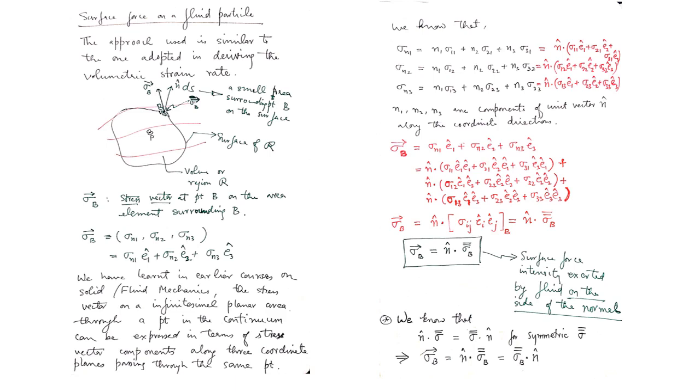It simply shows me that I can write sigma b as n cap dot, and what is inside, if you take n cap outside. The expression that you are seeing is nothing but the stress tensor at point B. Why? Because it has these nine components, sigma 11, 21, 31, 12, 22, 32 and 13, 23 and 33. So this is the stress tensor. Okay.